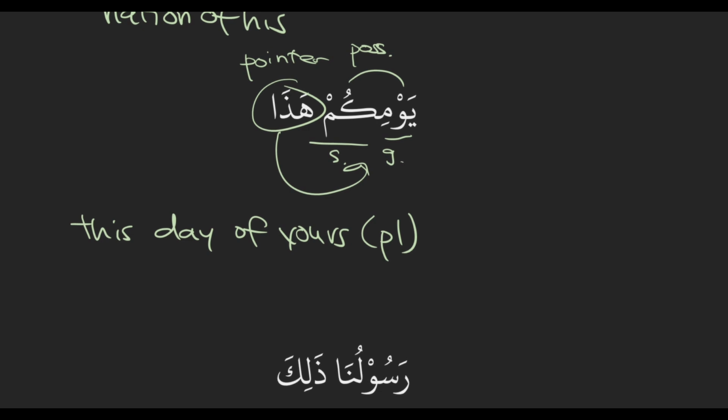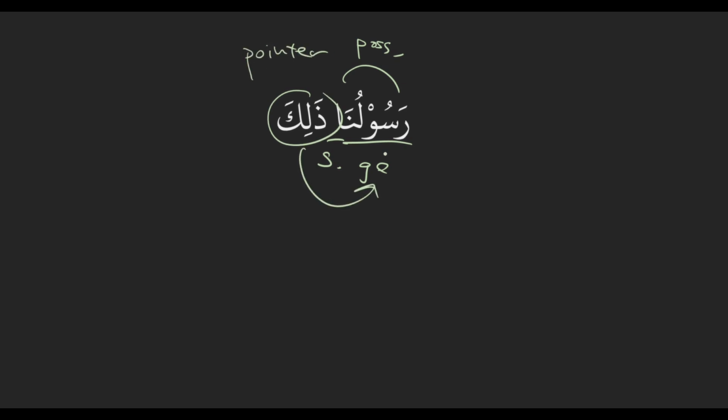Okay, one more. رسولنا ذلك. Rasulu is general, followed by na, which is specific. So it's possessive. And then we have dhalika, which is a pointer coming after a possessive. So the pointer is pointing at the entire possessive fragment.